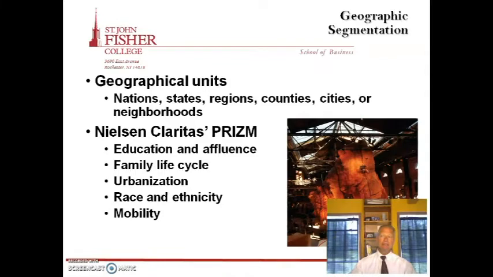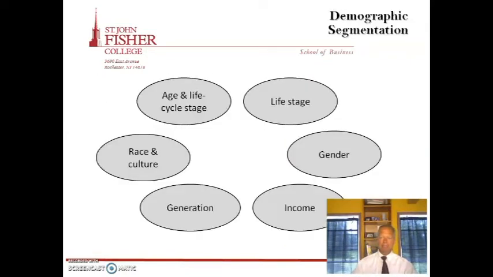So PRISM is really taking a demographic look by geography. That's why a lot of people, instead of just calling it PRISM, would call it geodemographic segmentation. Call it what you will, but basically it's geographic segmentation.